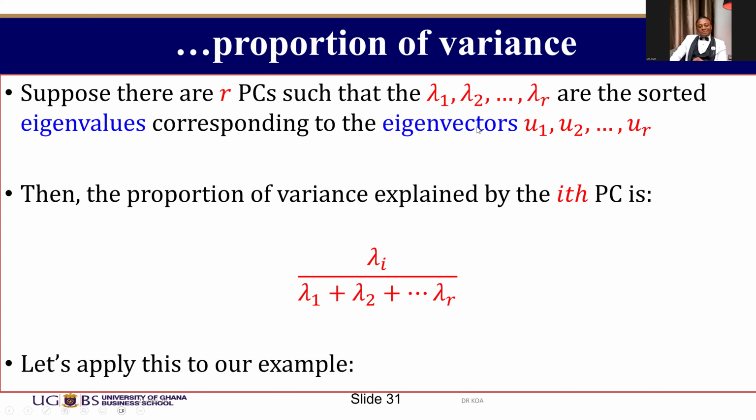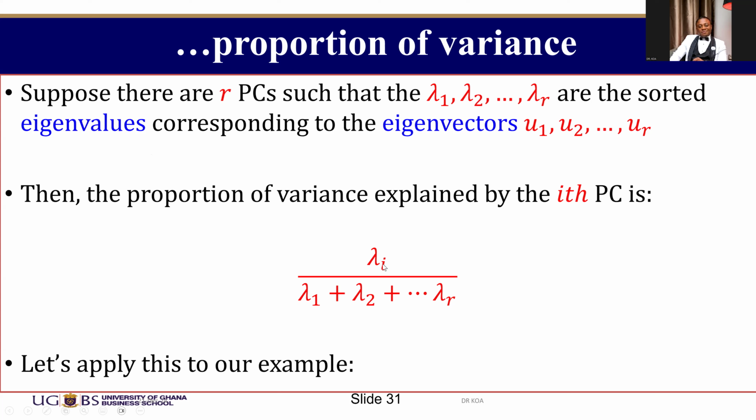If this is the case, then the percentage of variability explained by a particular principal component, let's say the first, but here I'm calling it the ith principal component, if it is the first, then it's going to be lambda 1 over all the lambdas.